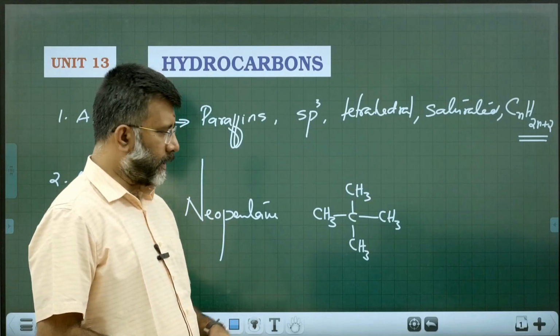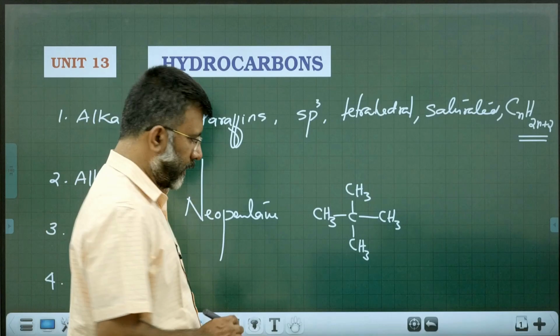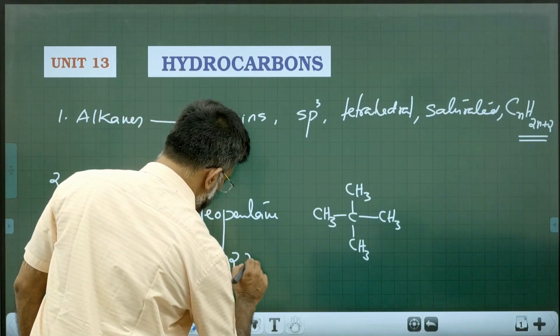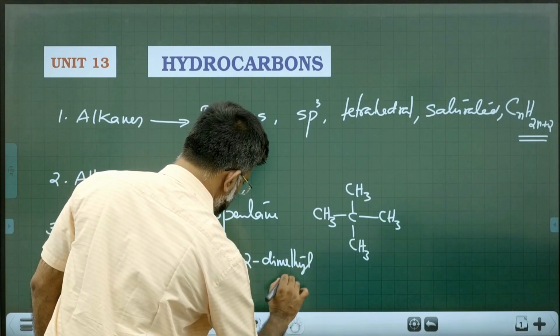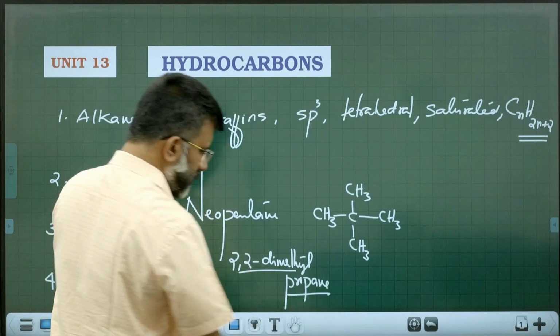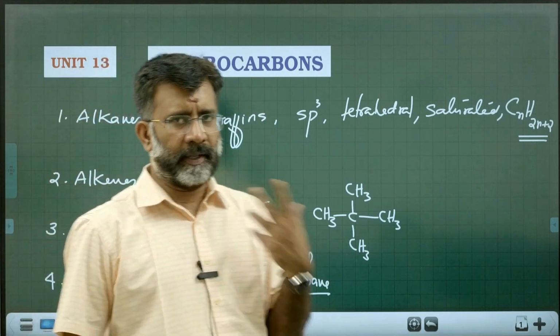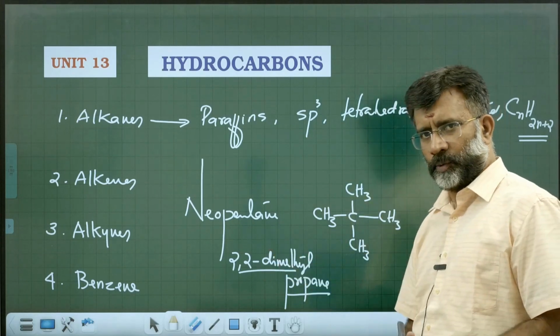So it is basically 2,2-dimethylpropane. Very simple system which I have commented. Neopentane is the common name with its structural entity and its IUPAC name.